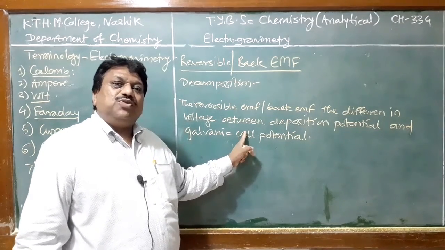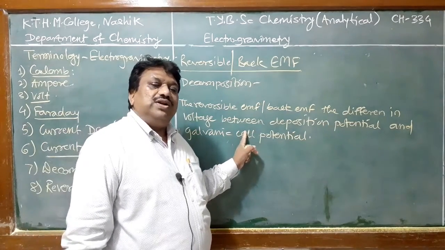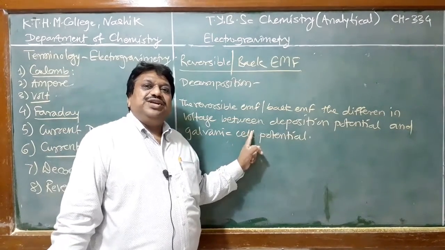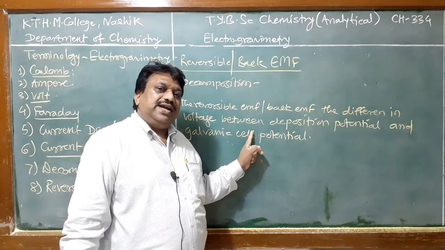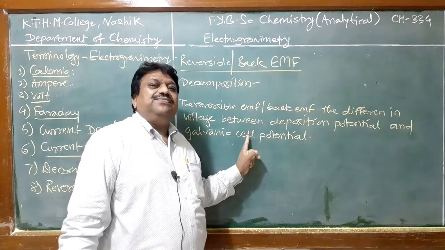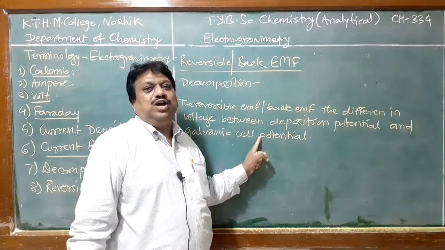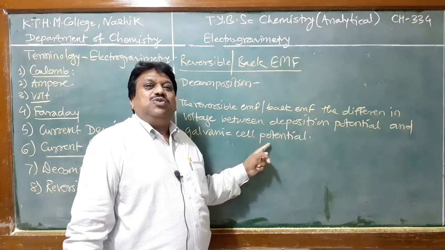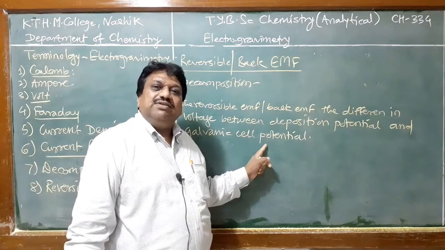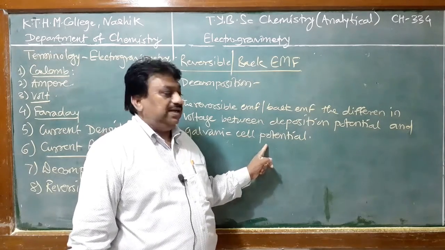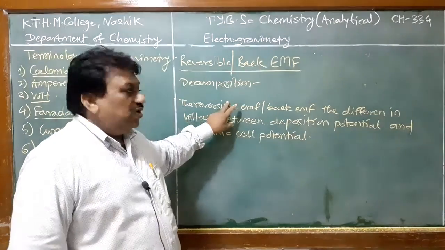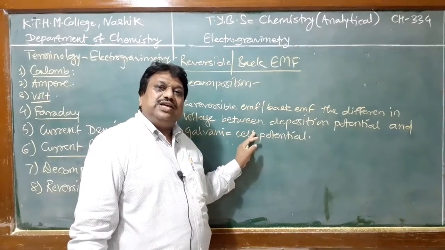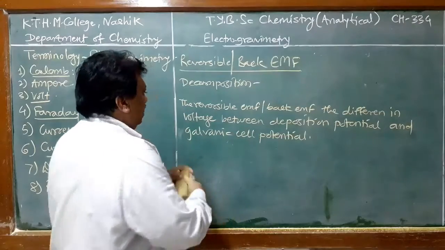But when we increase the potential greater than 1.1 volt, the reaction becomes reversed. Therefore, when we increase the potential to 1.2 volt, the reactions are reversed. The difference in voltage, 1.2 minus 1.1, is called the reversible EMF or back EMF. Students, with this we complete all terminology used in electrogravimetric analysis.